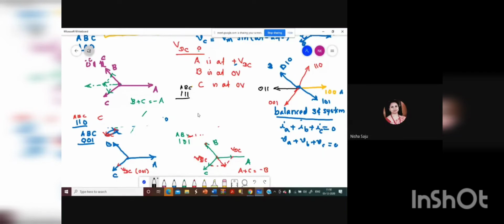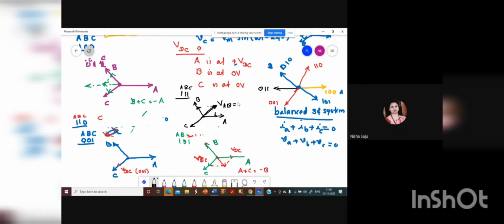As you can see here, A, B, and C. If all are at plus VDC, you have to take the resultant of two of them by constructing a parallelogram and taking the diagonal. This will be just the reverse of this one, so the resultant corresponding to VAB will be equal to minus VC.